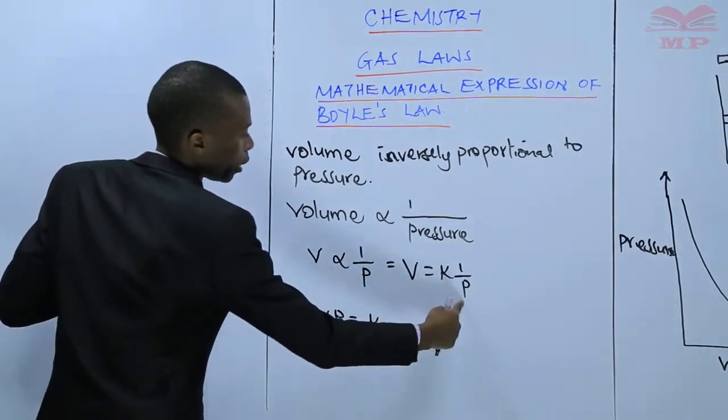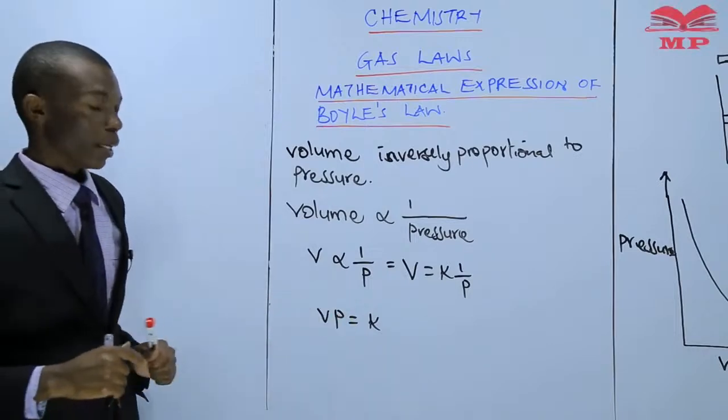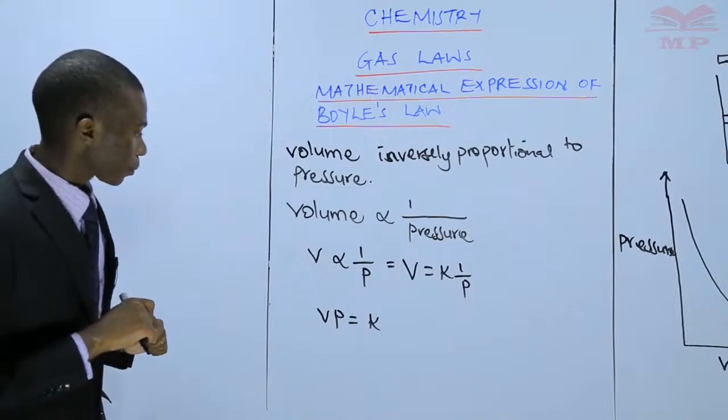So if you multiply V and P, you will get this constant. So VP equals constant K.